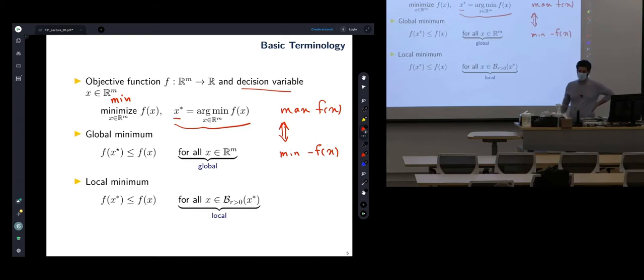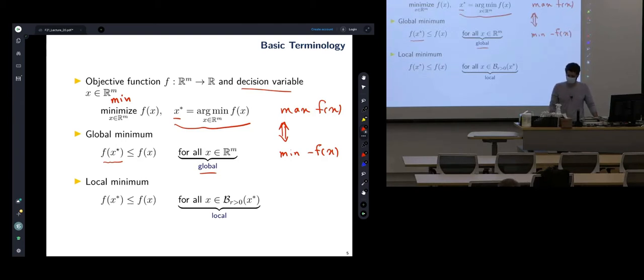The decision variable that we solve for is globally optimal if, for every possible x that you can find, your objective function gets the lowest value for the entire set of possible values that the decision variable can take, namely here Rm.